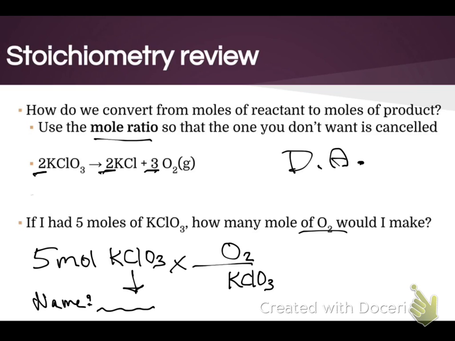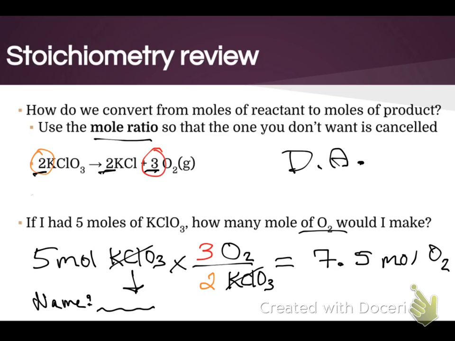The numbers to put in front of those come from our balanced reaction. So it says there's 3 O2, and let's see, KClO3 has 2, so we're going to put these numbers there. So what I'm going to enter into my calculator is going to be 5 times 3, so that's 15, and then divided by 2, so we're going to get 7.5, and our unit is still a mole, but now KClO3 has canceled, so we're left with O2.